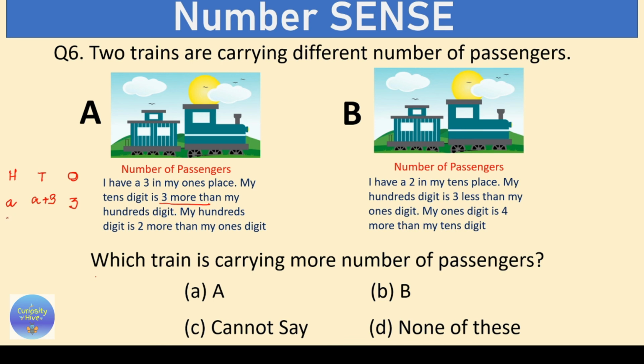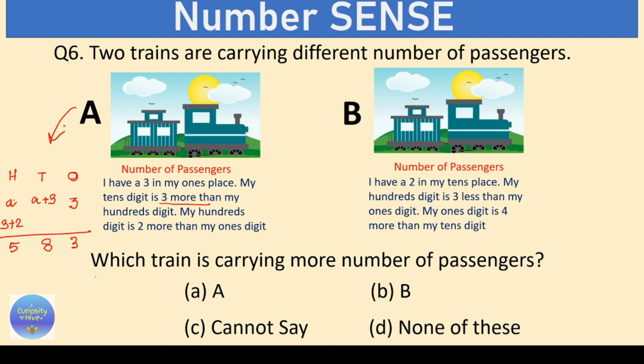So my ones digit is 3 and 2 more to this I need to add. So 3 plus 2 will be my hundreds place, which will be 5. So I find my hundreds place, that is A. Now in tens place, let me replace this A with 5. So 5 plus 3 will be 8 and ones place 3. So this is the number of passengers for A.